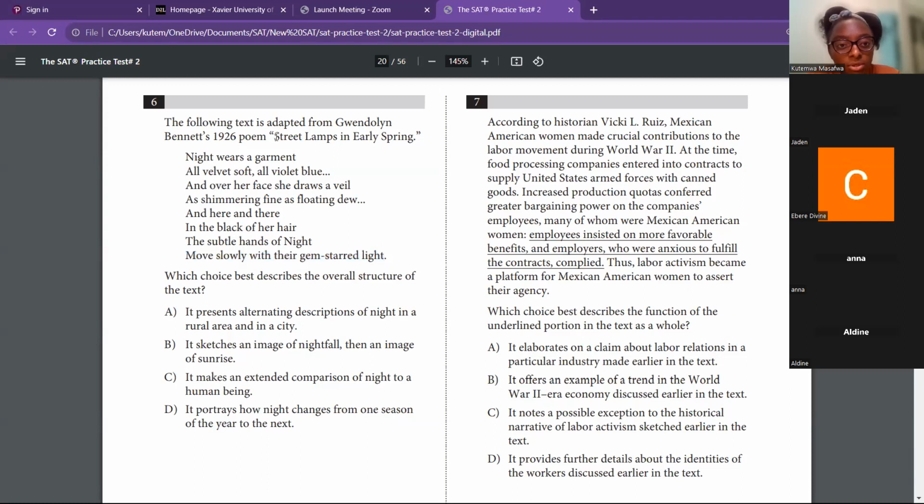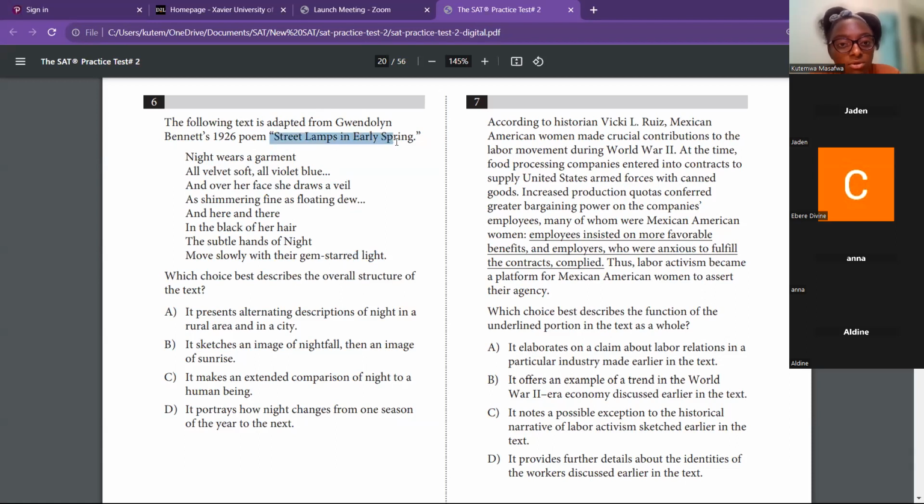Where is the clue? In the title. This is why reading the title is important. It says street lamps in early spring. So now we know that if it says light, it's talking about a street lamp, because this whole passage is talking about street lamps in early spring. That would be what the light is. Because this is a poem, this could have been sunlight, but where's the clue?